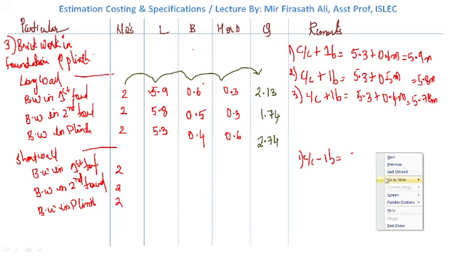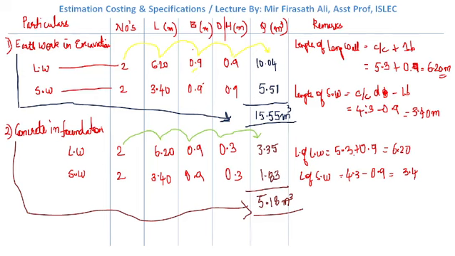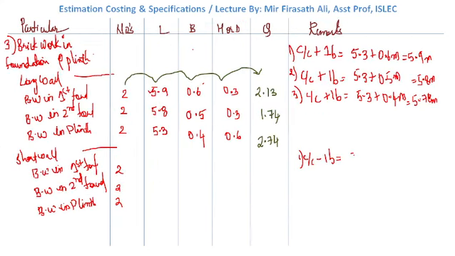The center to center distance minus 1 breadth. The center to center distance is 4.3. So 4.3 minus 0.6, 4.3 minus 0.5, 4.3 minus 0.4.